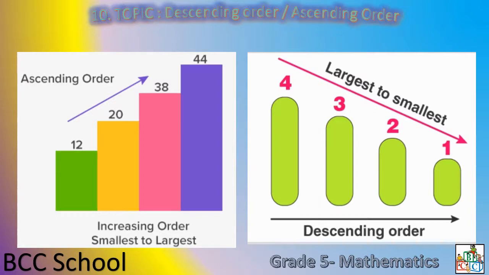Let us see the second picture. Descending order. Largest to smallest. For example, we start by 4 and then 3 and then number 2 and 1. This is descending order.